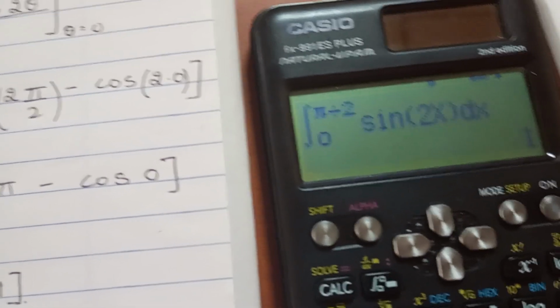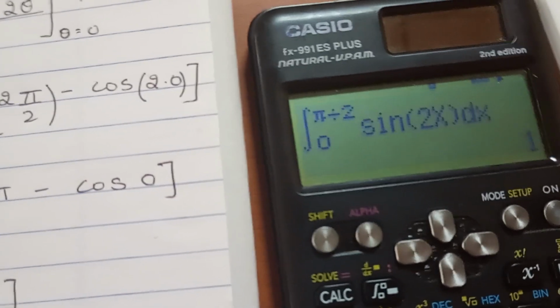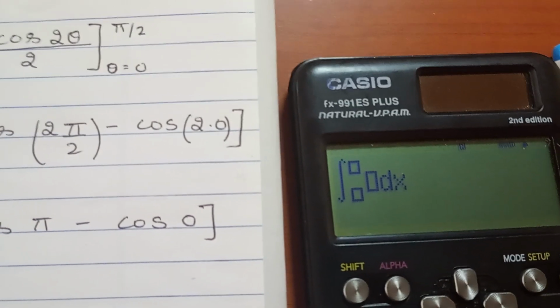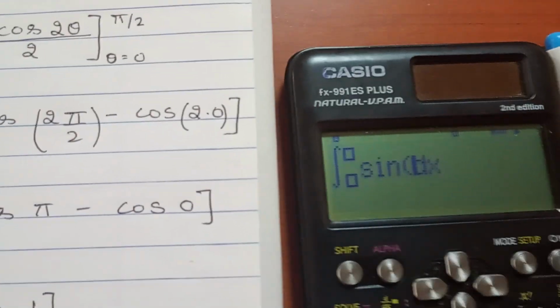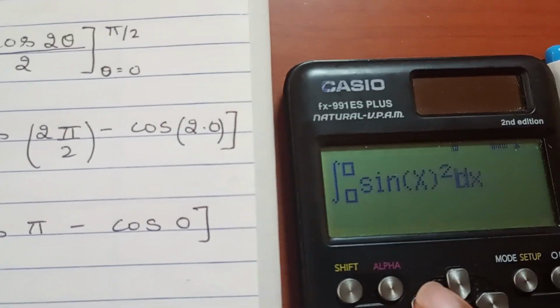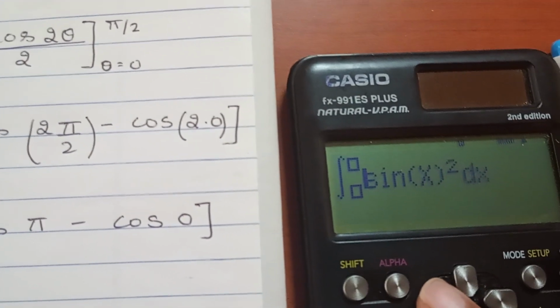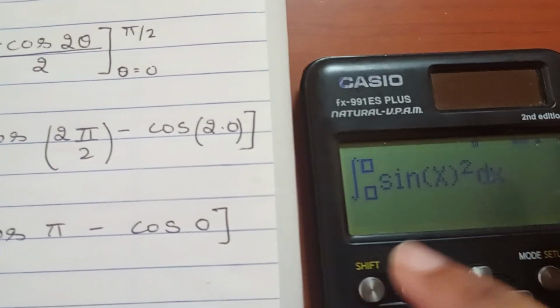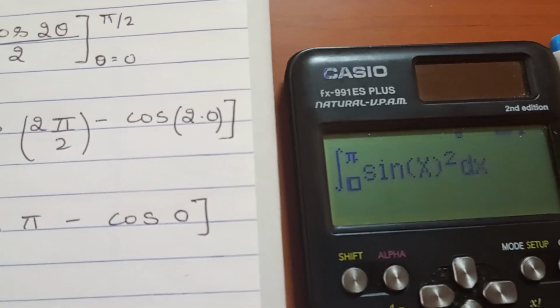Sometimes integration usually takes time. Again, if you want sin x square, so sin alpha x, you can type square here also. Use this arrow to come back. And so again it is shift pi. Don't type pi as 180 degrees, though we know it is.